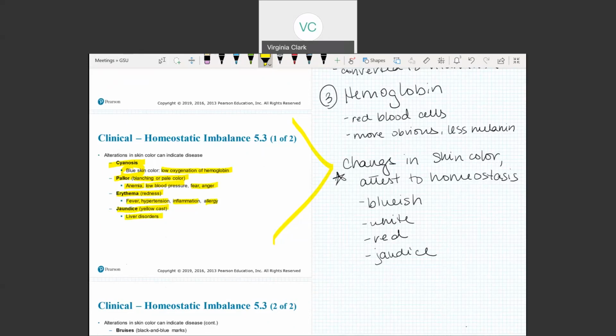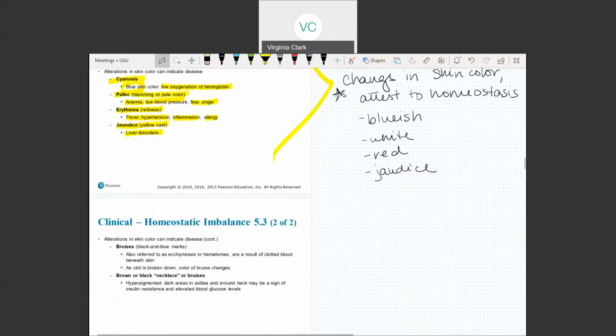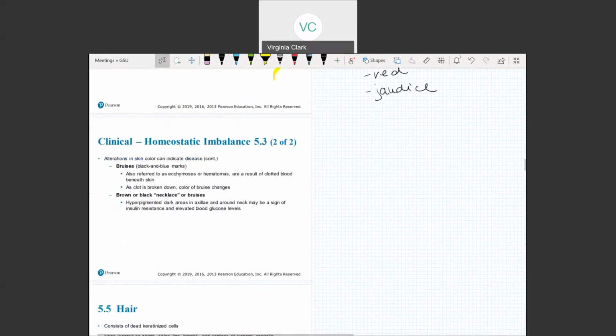So changes in the skin color can actually attest to homeostasis, and that's a really cool process. Some other things that can happen are issues that are more due to an injury of some kind. So you could have a bruise, which goes as a black and blue.